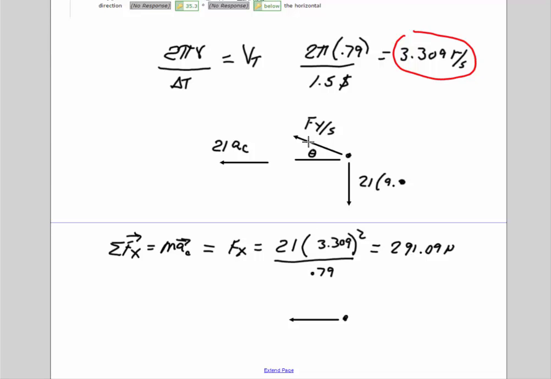The horizontal component of this is going to be the 291.09. Coming down would be the 21 times 9.8, and that's going to give us 205.8 newtons.